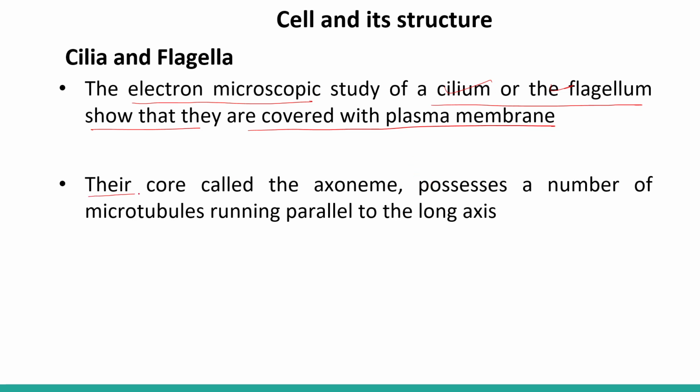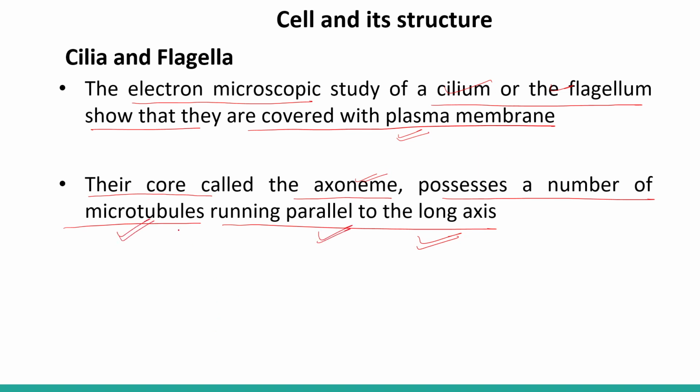Their core, called the axoneme, possesses a number of microtubules running parallel to the long axis. So there is a covering all over the cilium and flagella that is made up of the plasma membrane only, and their core structure, the axoneme, possesses a number of microtubules running parallel to the long axis.